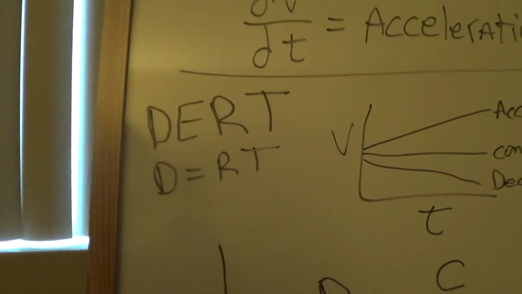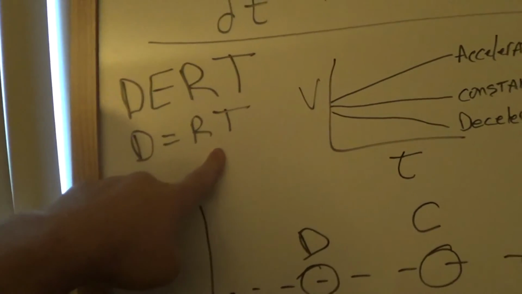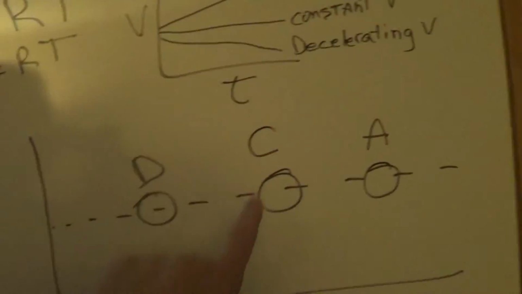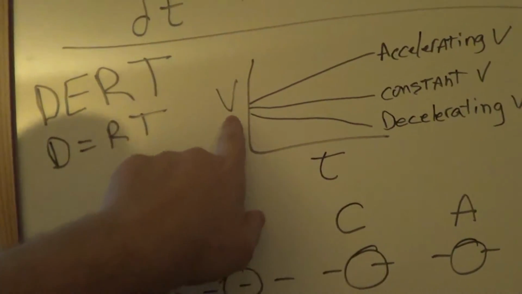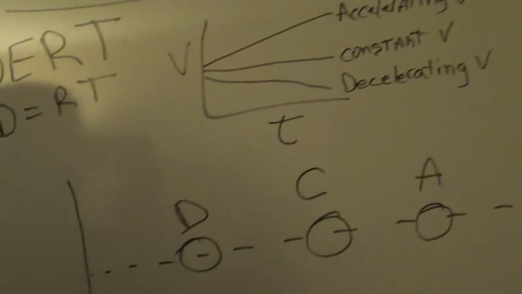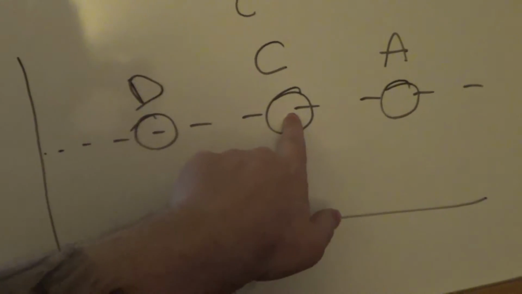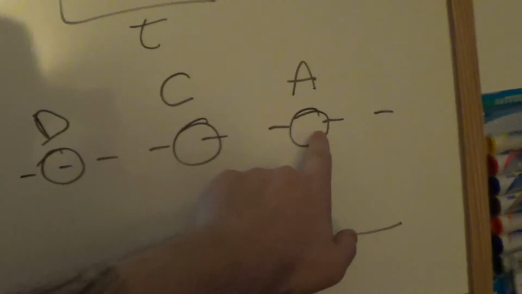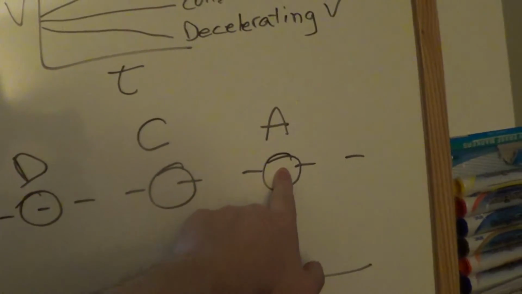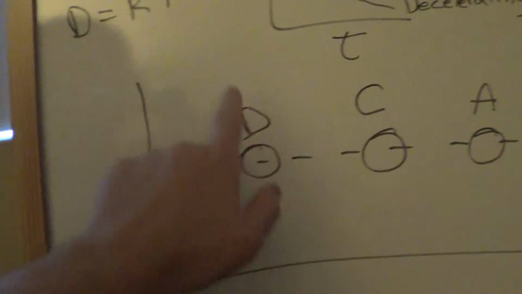Okay, most of us should remember the DIRT equation, distance equals rate times time. If we got our velocities either accelerating, constant, or decelerating, we'll say the one in the middle is traveling at a constant speed, the one on the right is traveling at an accelerating speed and decelerating speed.